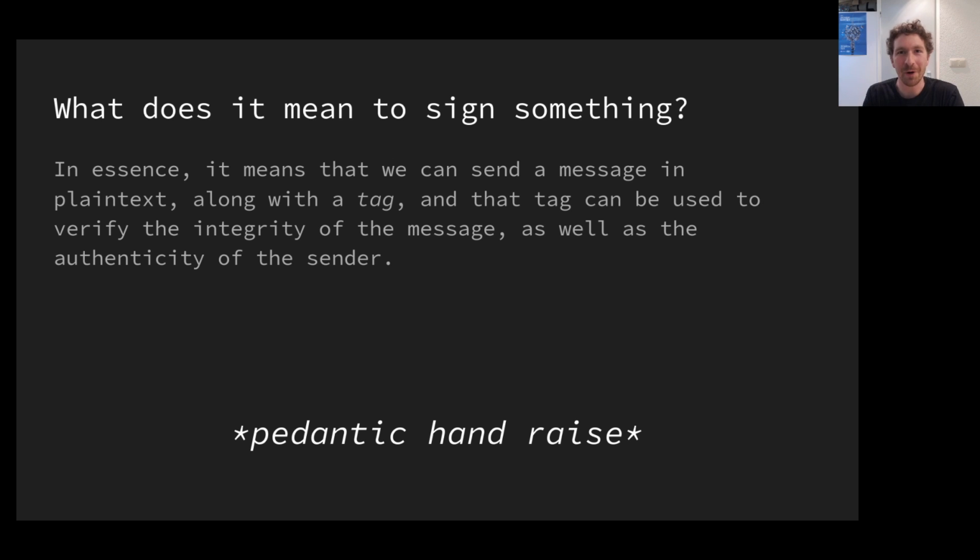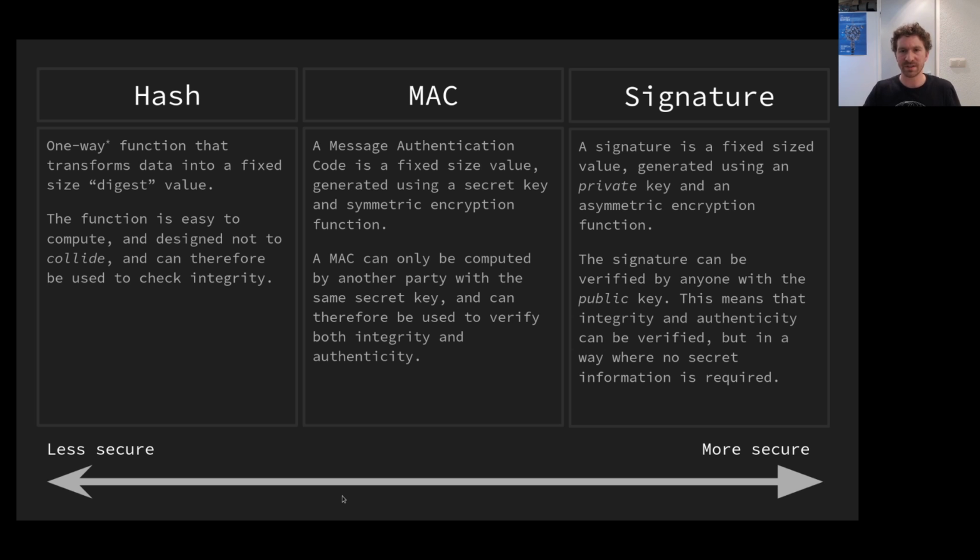Now, you can see at the bottom we've got a pedantic hand raise here, and that is because there is actually a spectrum of this, right? From what I just mentioned, going all the way to really, really secure. Putting a CRC is not that secure because anyone can compute a CRC. So we end up with this spectrum here. On the left, we've got our hash.